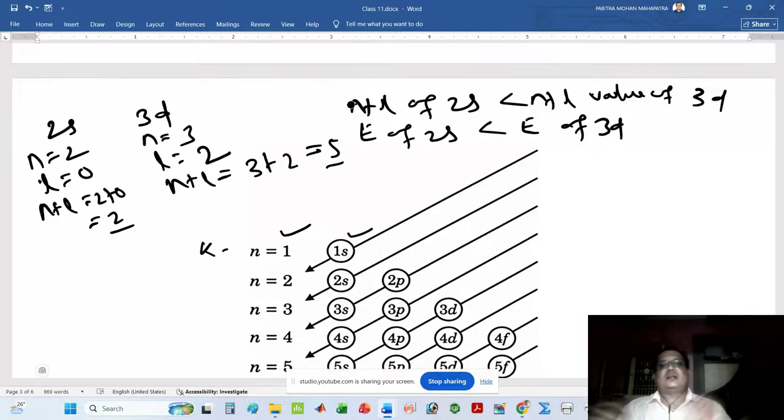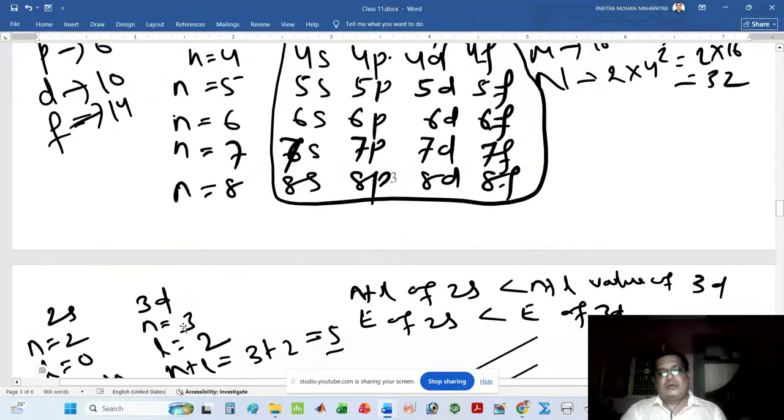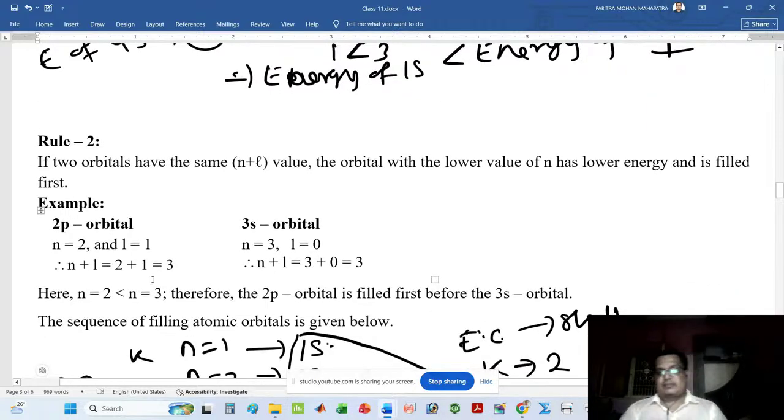Okay, like that you will find the n plus L value of all orbitals, but a certain problem will come. Let me explain why the second rule is necessary. If you apply the first rule to all orbitals, then a problem will be created.